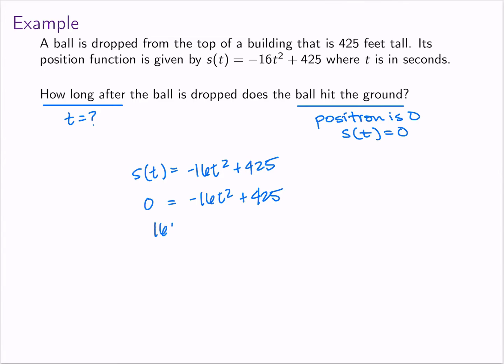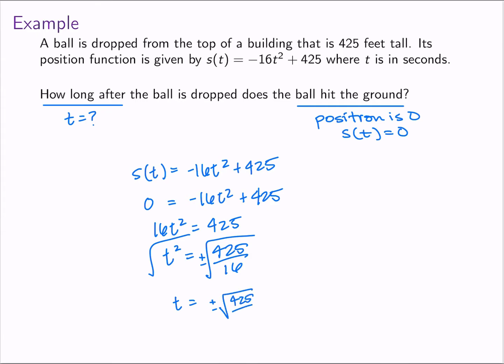So it says 16t squared is 425. So t squared is 425 over 16. And I'll take the square root of each side. And I need to be careful and think about the positive and the negative. So t is plus or minus the square root of 425 over 16.